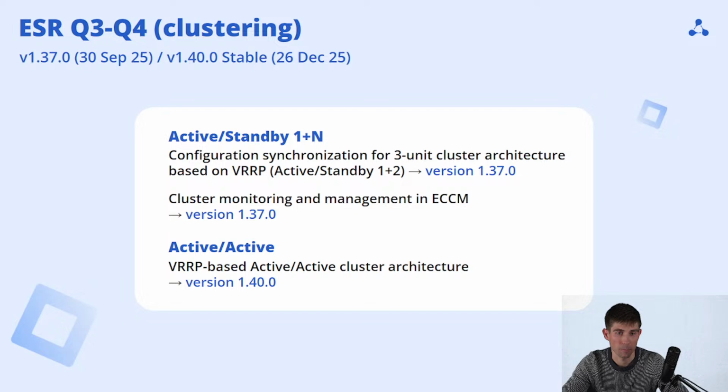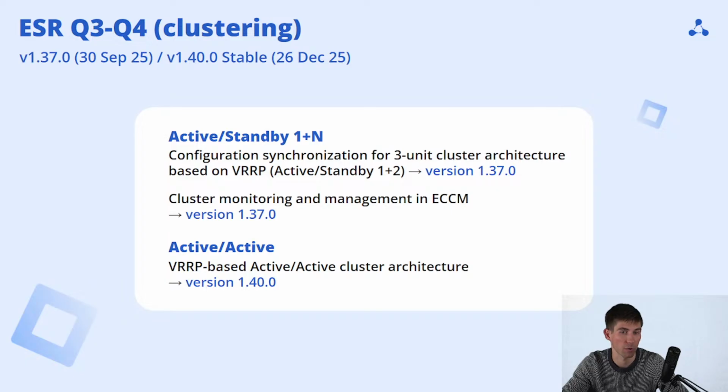And another part of work we've done related to clusterization is getting cluster monitoring to our ECCM, our equipment monitoring system, and it's also supported when you upgrade to version 1.37. The next step would be getting active cluster.